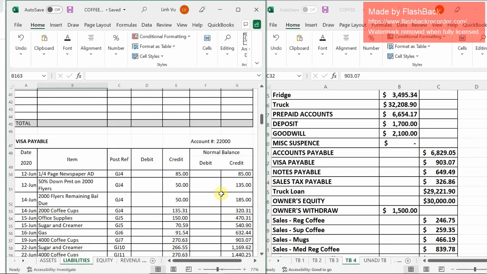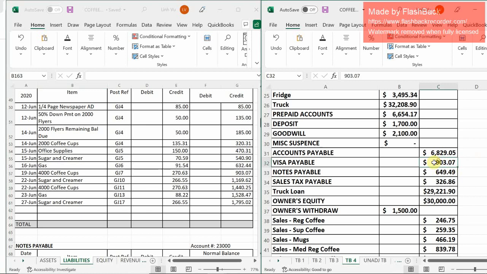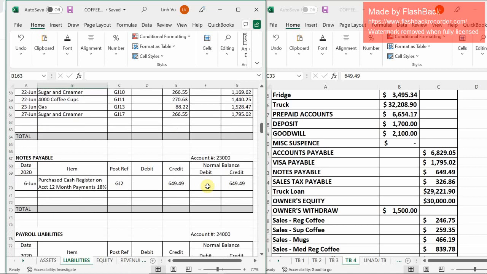My credit card is currently at a current balance of $17.95 and 2 cents. Okay. My notes payable is still the same.